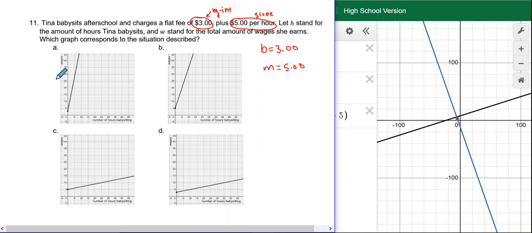So it's going up 5 and over 1, up 5 and over 1. This one is going up 1 and over 5. So here the slope is 5 over 1, and here the slope is 1 over 5. So it's definitely this one. Okay?